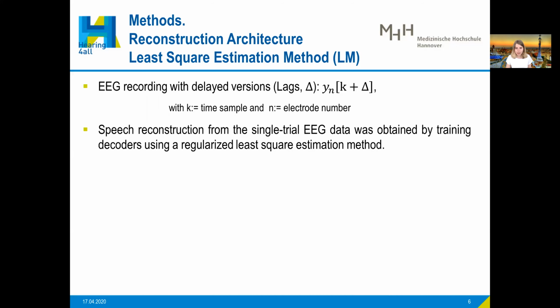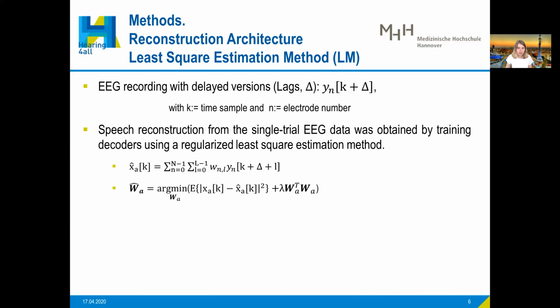Speech reconstruction can be obtained by applying decoder weights to the EEG signal. These decoder weights can be estimated by the least squares method, which minimizes the square of the difference between the original signal and the reconstructed signal.